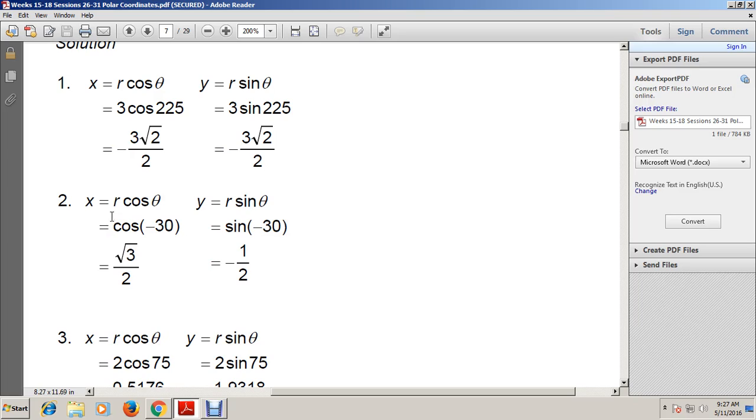So this means that 1 cosine negative 30 is located on the fourth quadrant. And on the fourth quadrant, x is positive and y is negative. So let's compute for cosine negative 30.